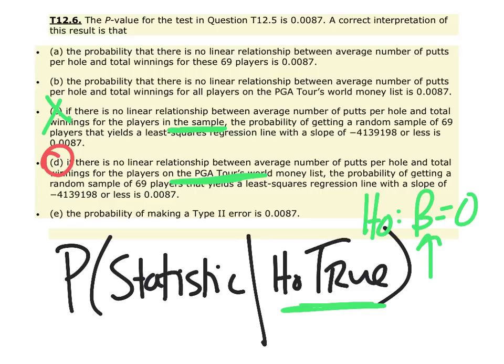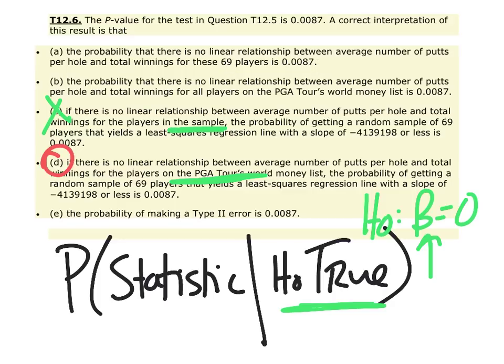Now, another thing to point out with A and B. The problem with A says the probability that there's no relationship between the average number of putts per hole and the total winnings for these 69 players is 0.0087. It's missing this or more extreme. And again, they're talking about just a sample.